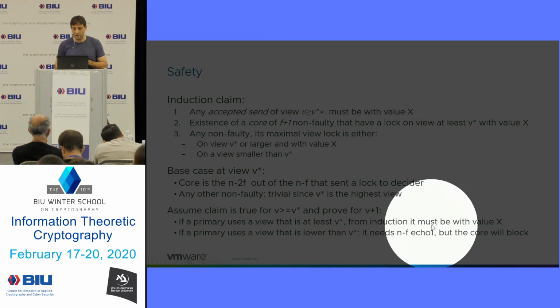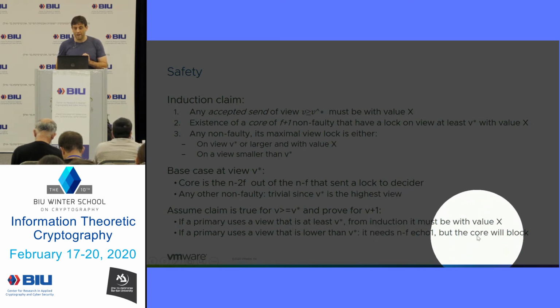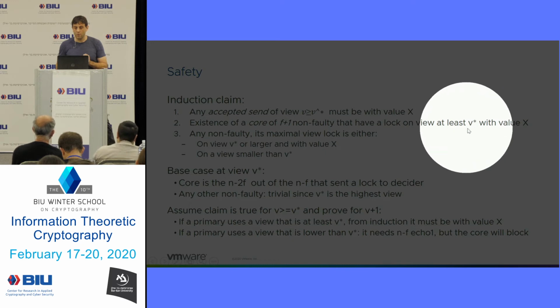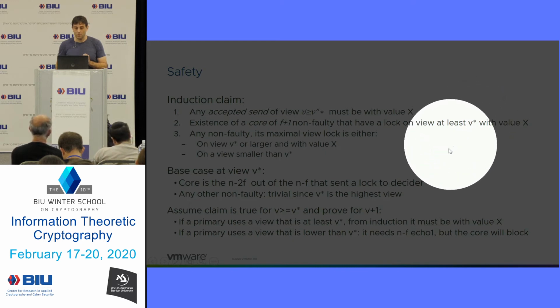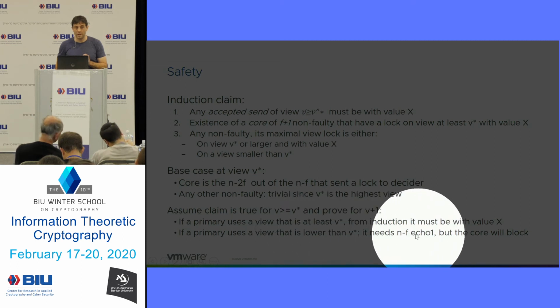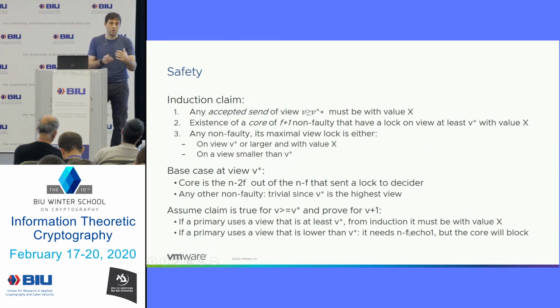This is the core of the protocol, or the main thing that we block in the protocol: we have this core of f+1 non-faulty, where by induction they are locked on a view at least V star. So if you try to send a view that's lower than V star, they will not send an echo 1. So if f+1 people block, then you will not receive an n-f majority, because there's at most 2f.